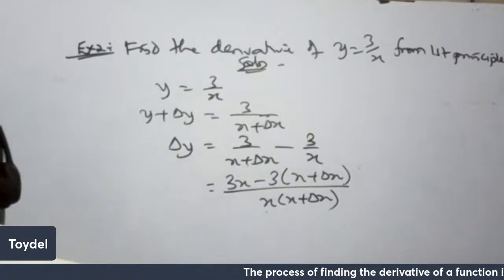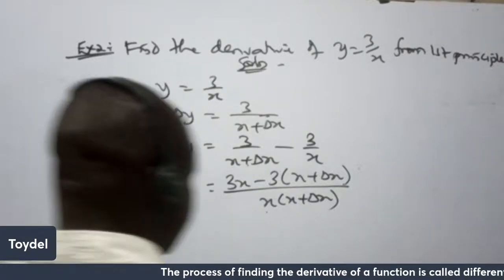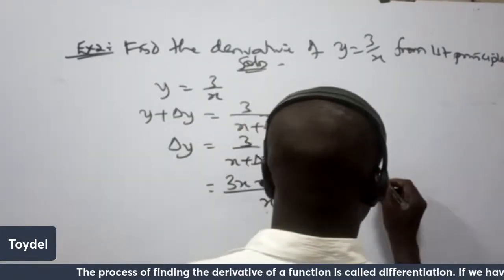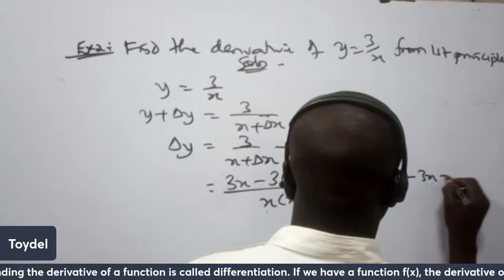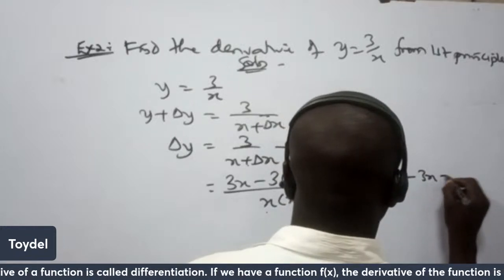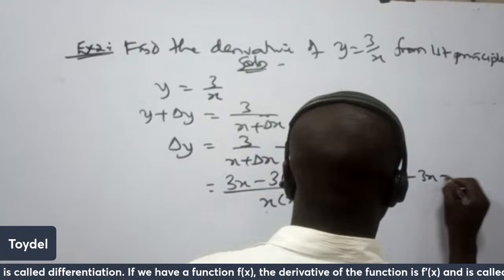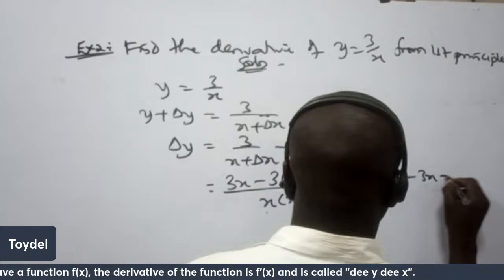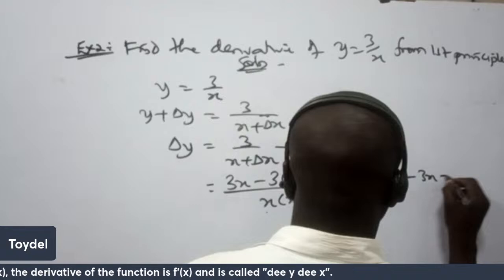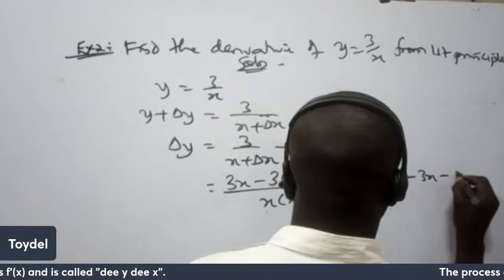Of course, we can open up. Here we are going to have 3x minus 3x minus 3 delta x.